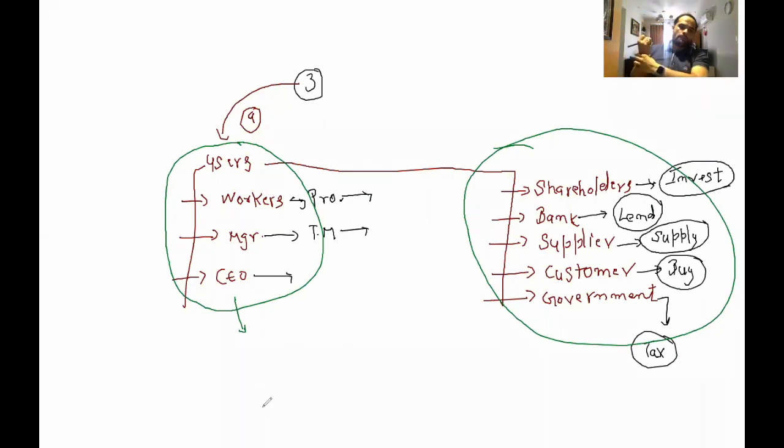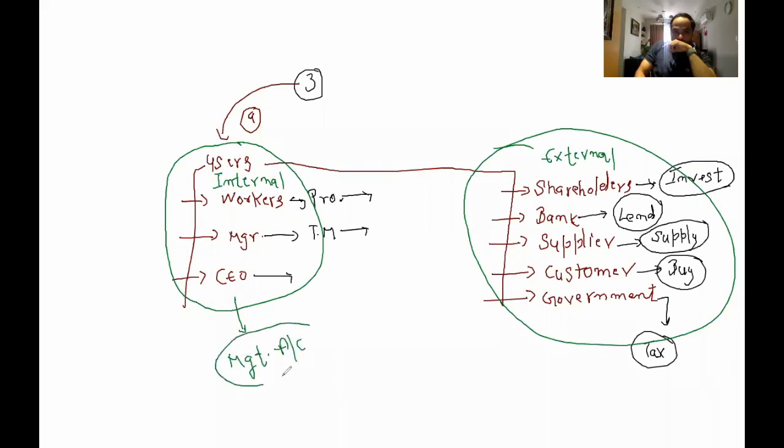So remember, management accounting is a process which provides information to internal users. So I have to write here, internal, right? And here, external. So management accounting is a process that helps to provide information to internal users.